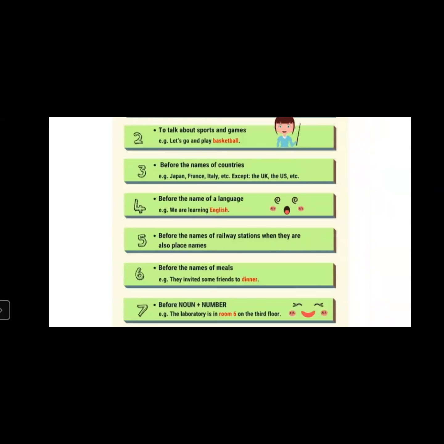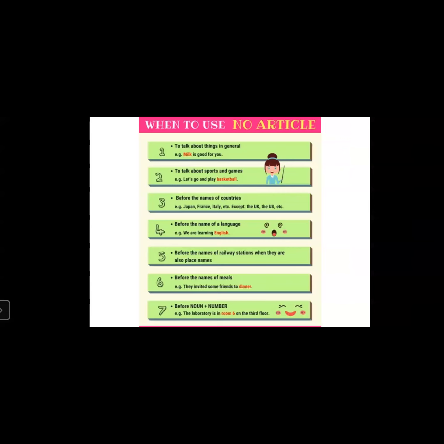Then before nouns and numbers, we are not saying the room number 6 or a room number. No, we are not using the or a before nouns and numbers.